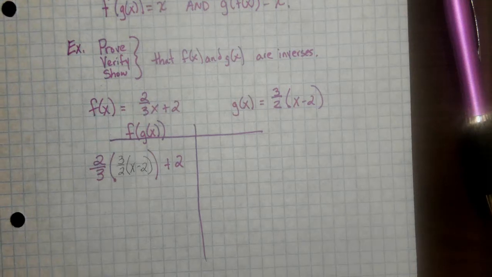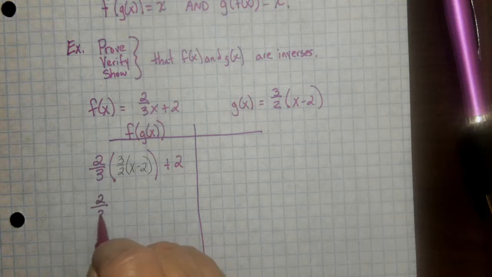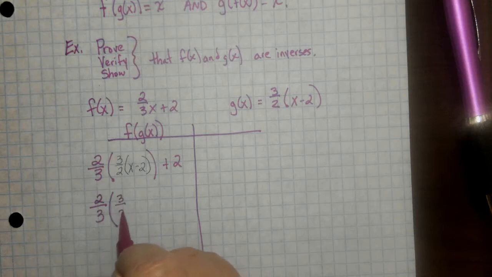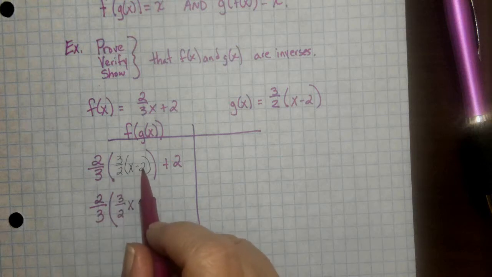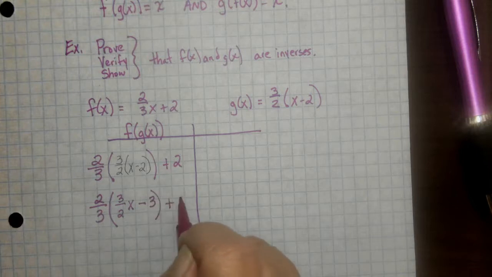Okay, now I need to simplify according to my order of operations. So I'm going to work inside these parentheses first. That's going to be 2/3 times, I'm going to distribute this 3/2. That's 3/2 x minus 3 times 2 is 6 divided by 2 is 3, plus 2.